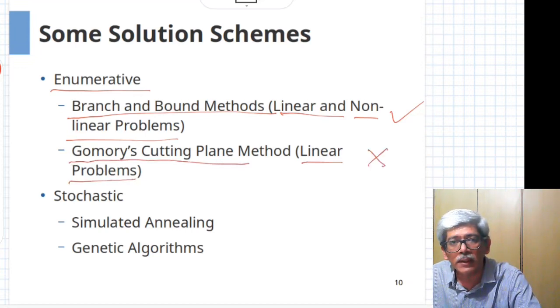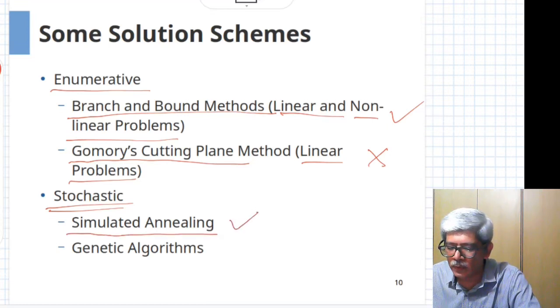We are not going to cover it in this particular session. The second class of methods are stochastic, which use probability distribution functions in order to obtain the solutions. The first one is simulated annealing. We are going to cover this in this session. And the second is the genetic algorithm, which we are going to cover in the subsequent sessions.